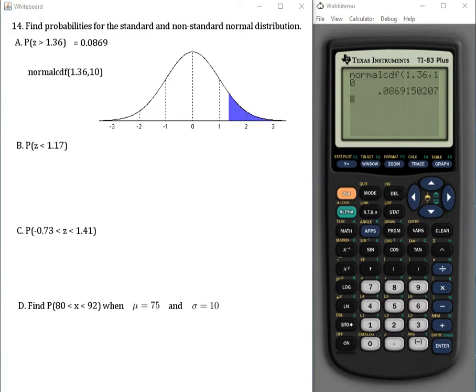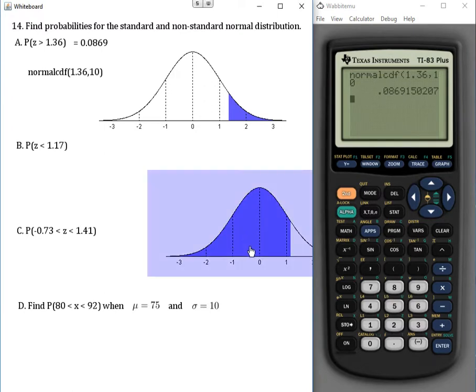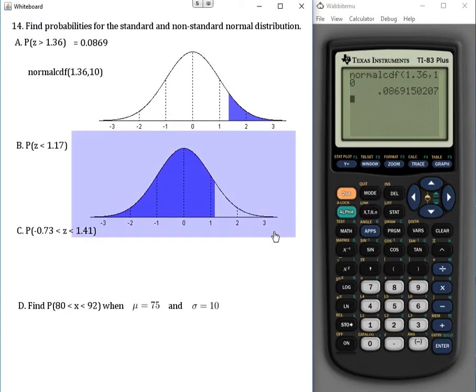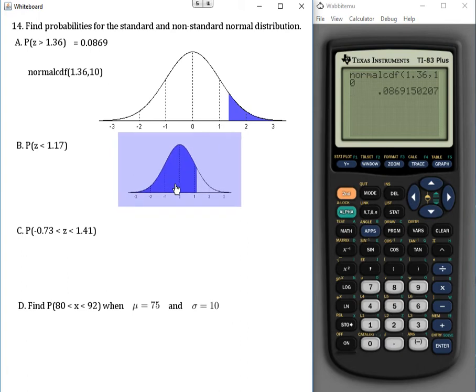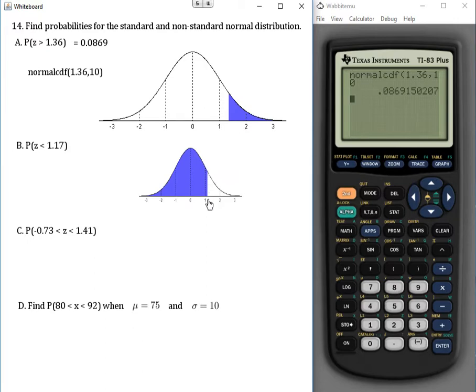Part B, the probability that z is less than 1.17. If I draw a distribution and shade it, let me make this a little bit smaller, then all I need to do is approximate where 1.17 is on my normal distribution curve and shade to the left. So I have my blue area to the left of that value. Now I'm going to use normal CDF again to calculate the area underneath the curve.